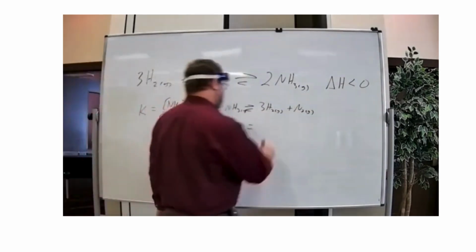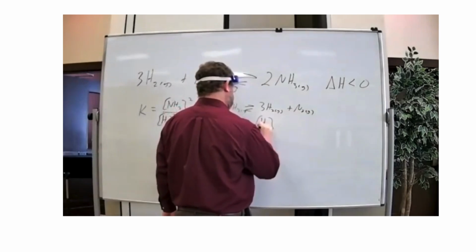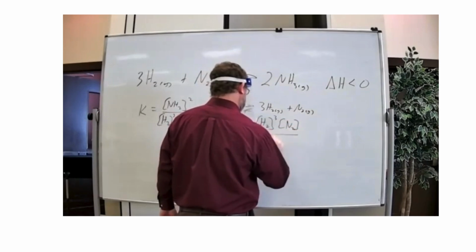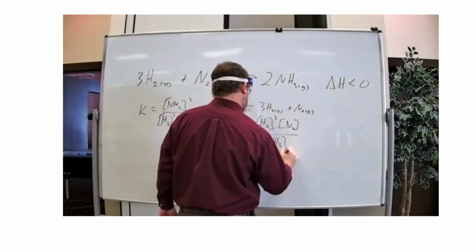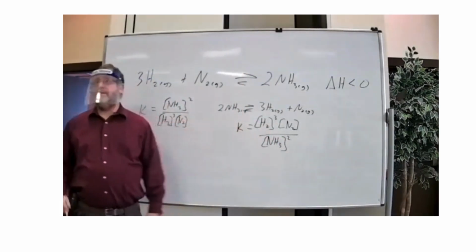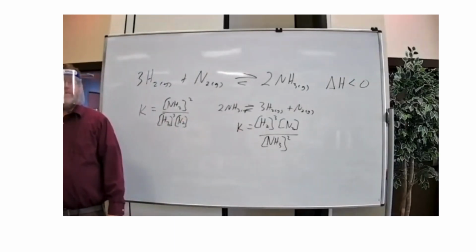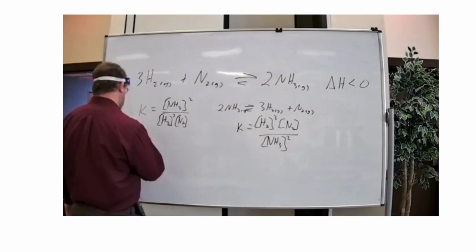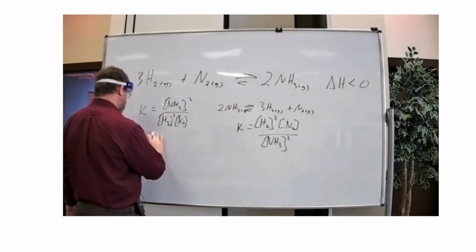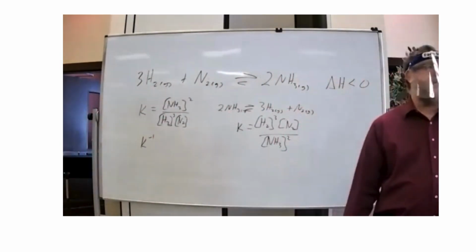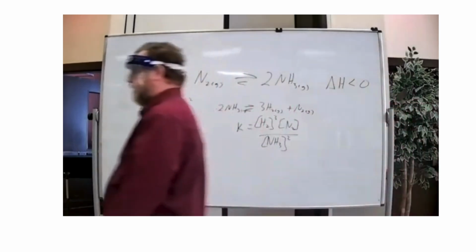Well, how are these two related? They're inverses, right? So if I write the reverse of a reaction, that's the same as K to the -1, or 1 over K, whichever way you want to write it.